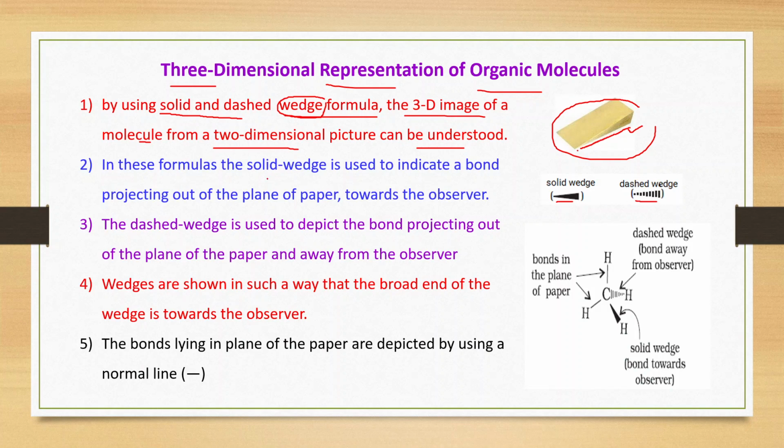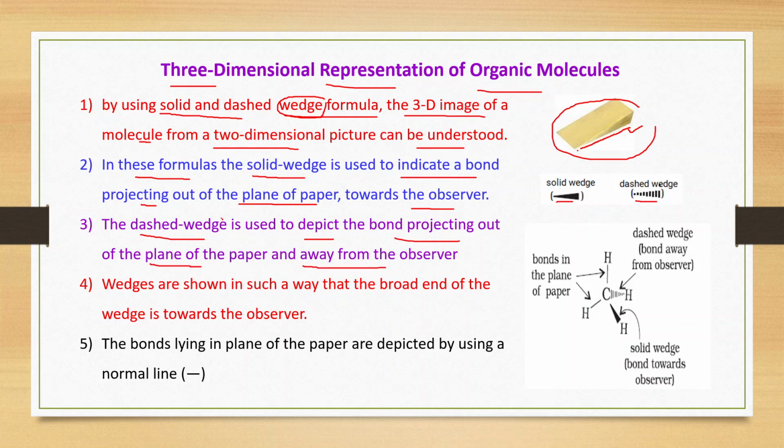Clear? Now in these formulas the solid wedge is used to indicate a bond projecting out of the plane of the paper towards the observer, and the dashed wedge is used to depict a bond projecting out of the plane of the paper and away from the observer.